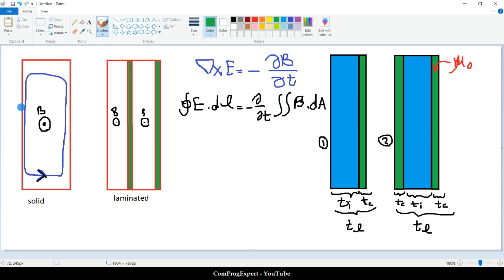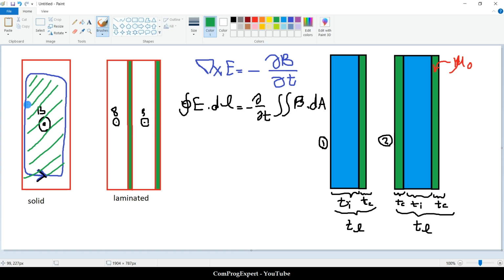So here is the closed path that I considered in this solid iron, and this surface integral should be calculated on this cross section, the cross section of the loop that we considered.